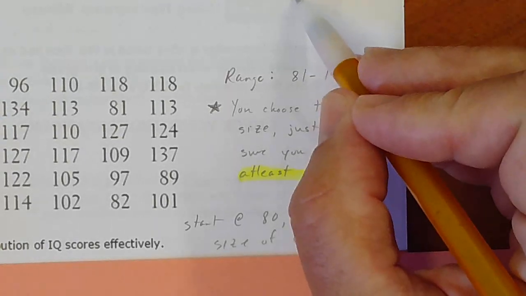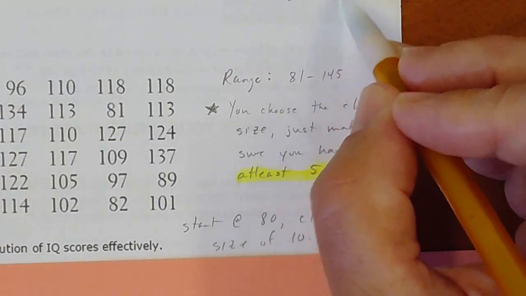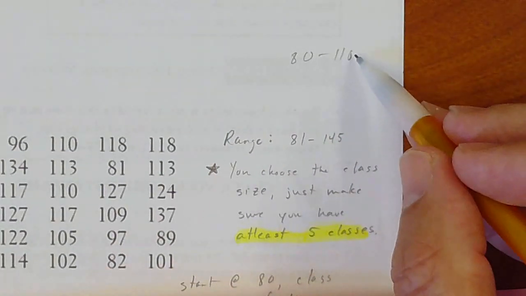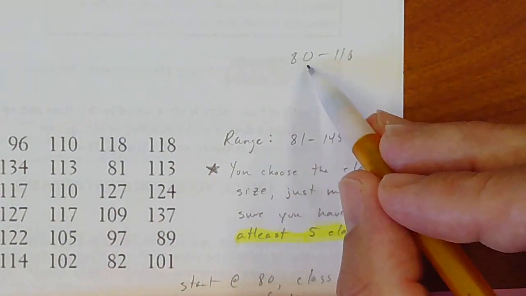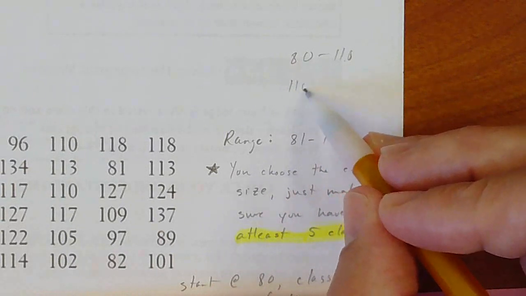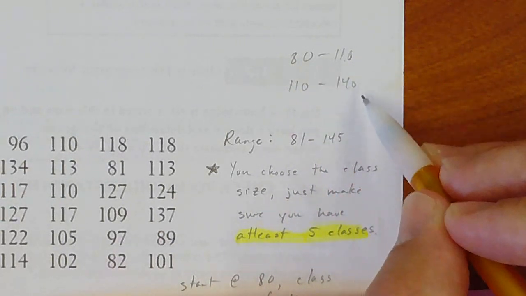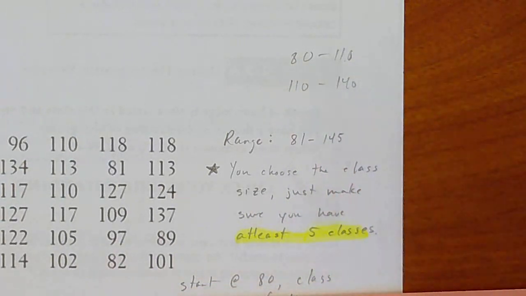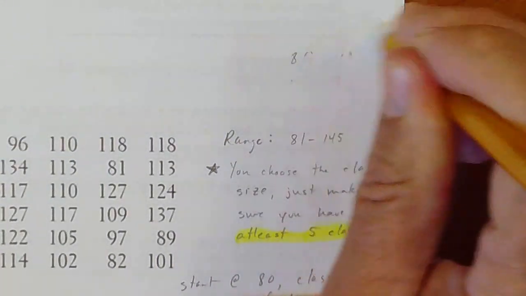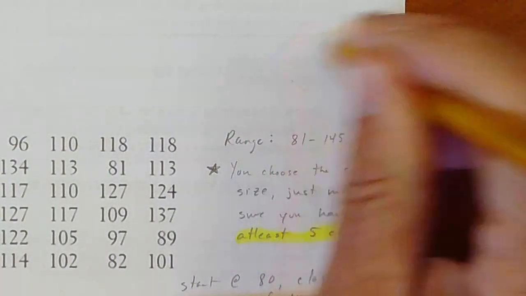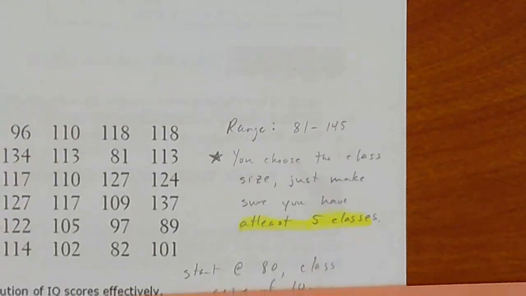I don't want to make one class from 80 to 110, because that's too big, and if I use that same class size of 30, 110 to 140, I'm only going to have a couple of classes. So maybe something around a size of 10 would be more reasonable, because that's going to give me 6 or 7 classes.